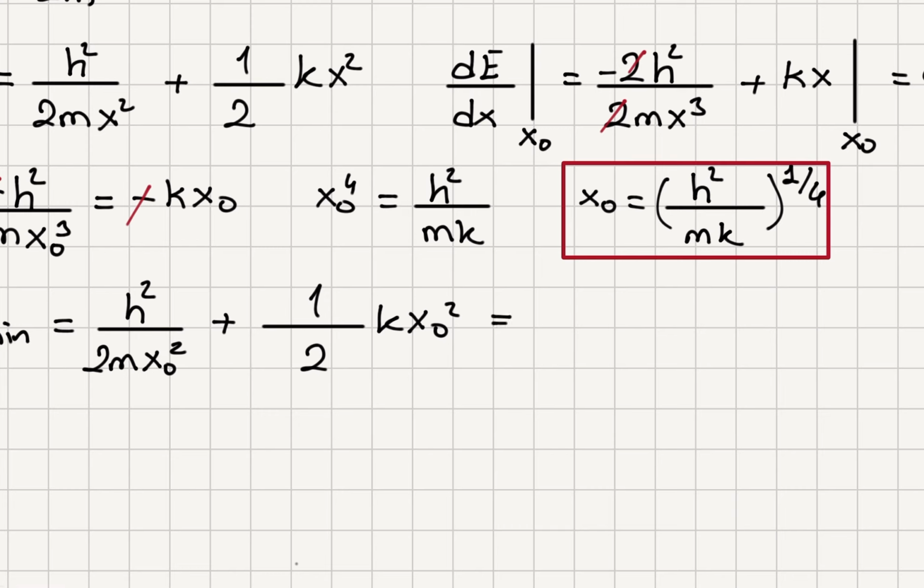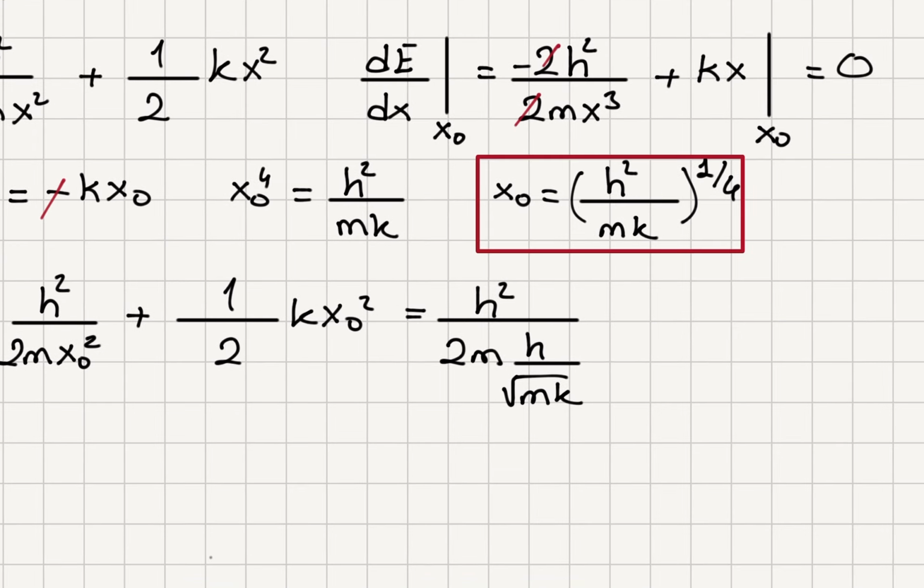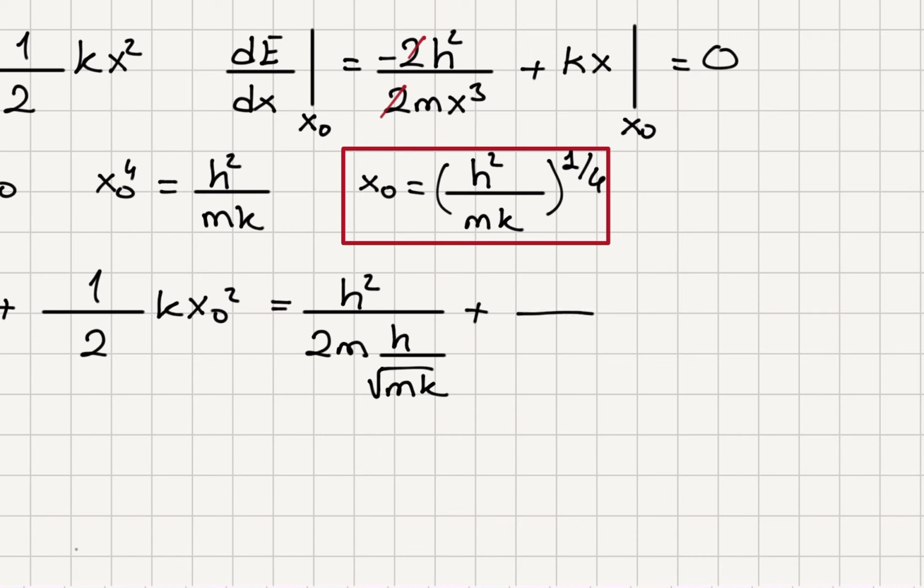Substituting for x0², which is h over square root of mk, we have h²/2m times x0² is h divided by square root mk, plus 1/2 k times x0², which is h divided by square root mk.